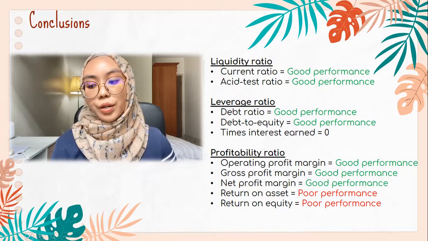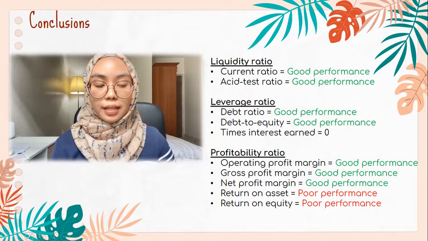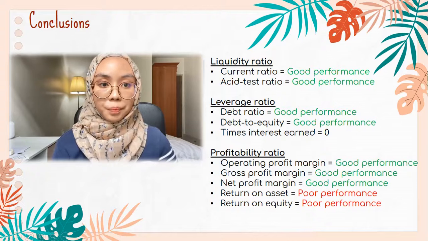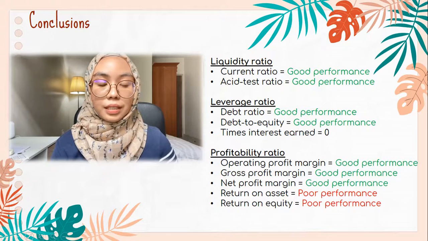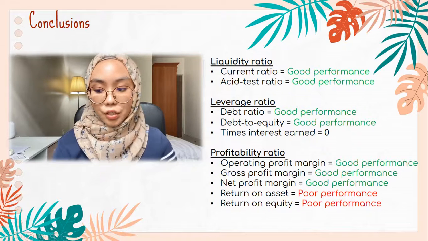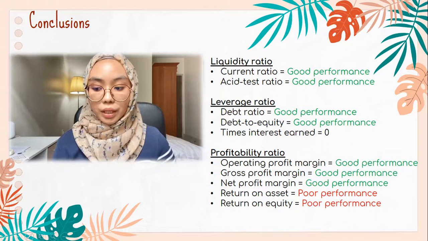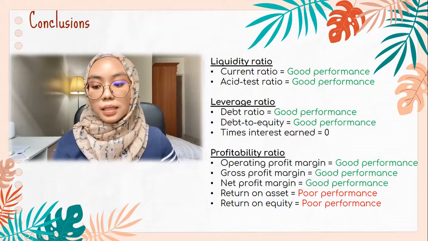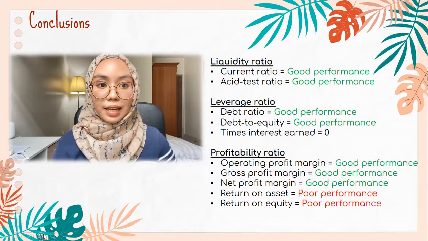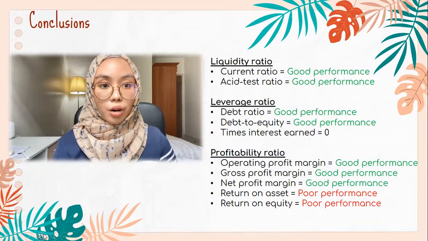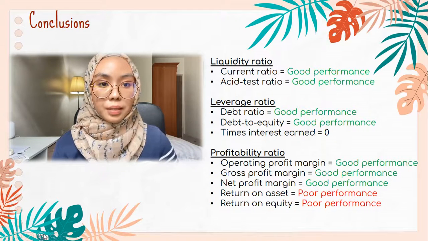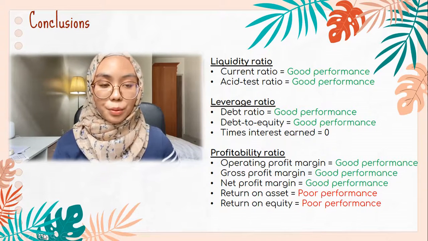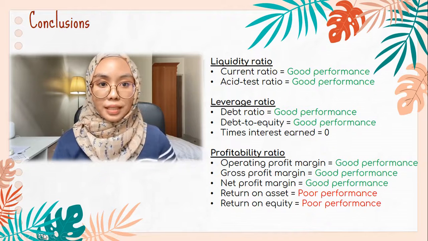And for the return on assets, the company has unfavorable performance, since the profit that they earn from the usage of assets is lower than the industry. And the return on equity also has shown unfavorable performance, since the company has poorly utilized their equity. So overall, we could say that Hap Seng Plantations Holdings Berhad has good performance in 2019.